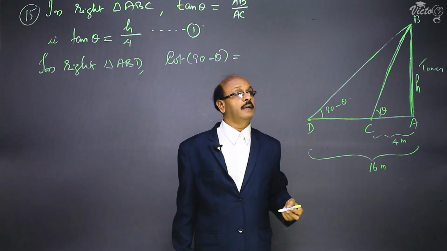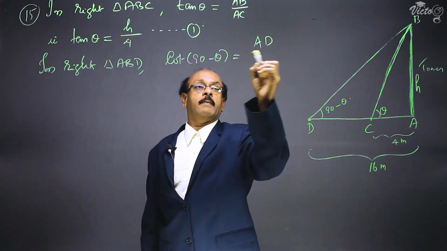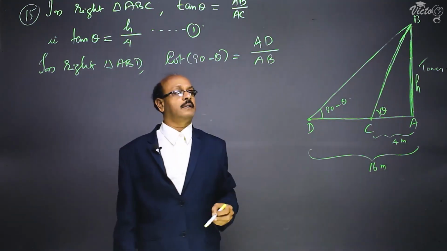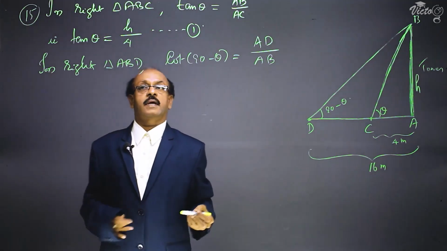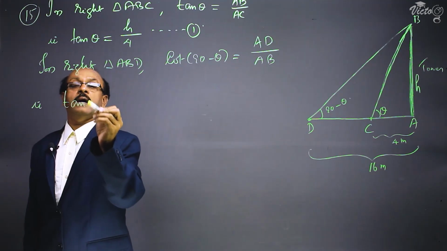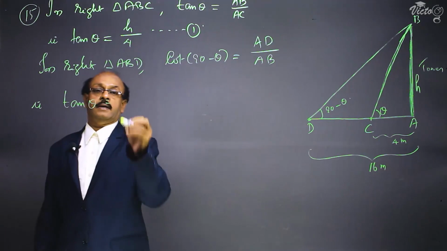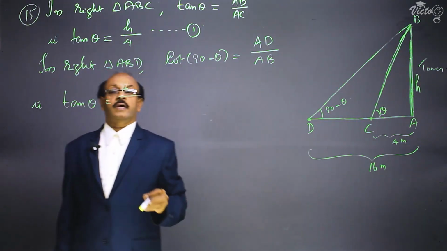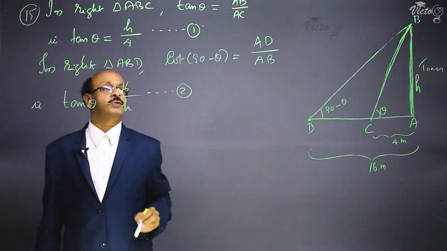That means AD by AB. Cot 90 minus theta. Remember the complementary relation: cot 90 minus theta is equal to tan theta. That is, again we are getting tan theta is equal to AD, which is equal to 16, and the value of AB is equal to h. This is equation number 2.